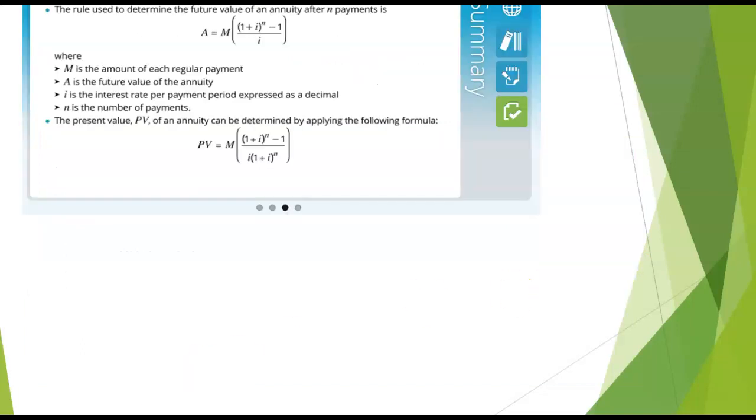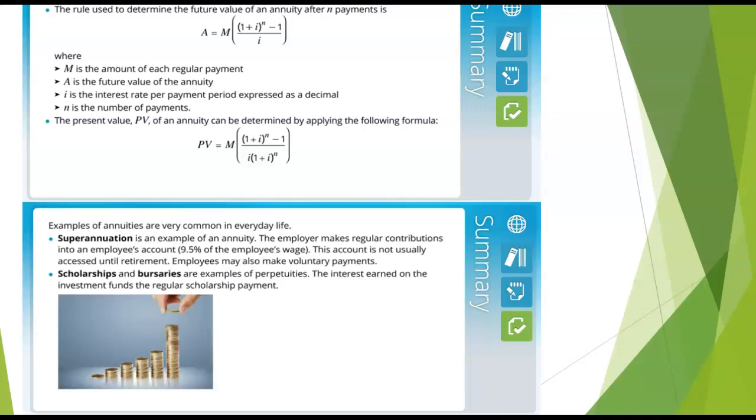And here are our summary sheets for calculating the future value and the present value of investments. So pause the video here, come back in a few minutes when you've had a chance to do the questions.